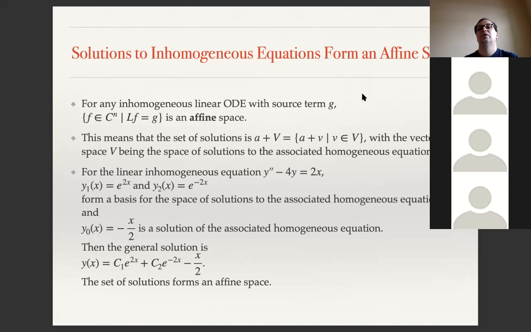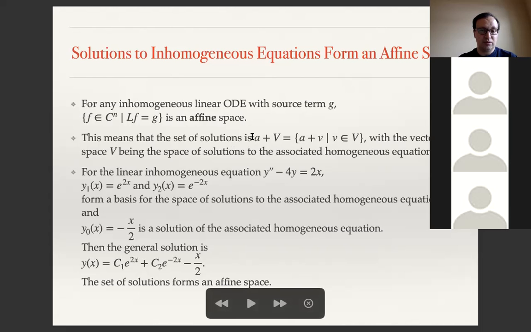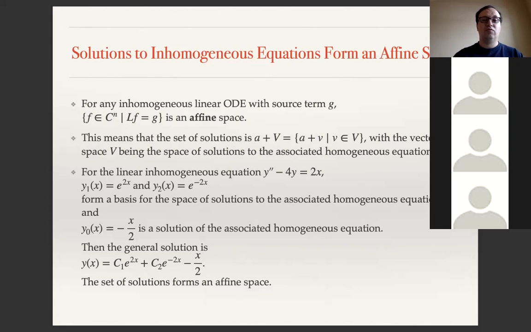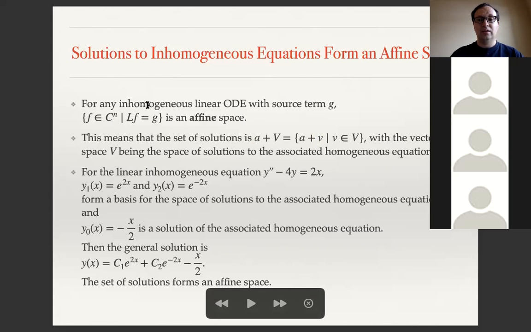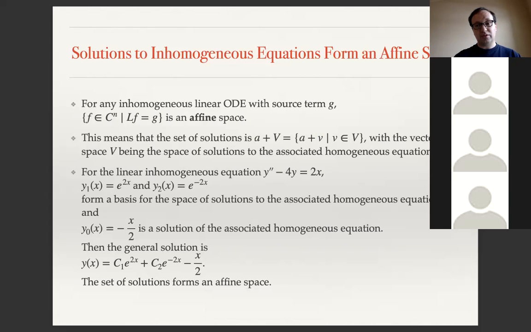And then once it's moved off the origin, it becomes an affine space. So what does this mean in practice? This means that the set of solutions is of the form some fixed solution A plus any solution of the associated homogeneous equation. So in particular, for inhomogeneous equations, the sum of two solutions is not necessarily a solution. And if you multiply a solution by a constant, then again, it's not a solution.